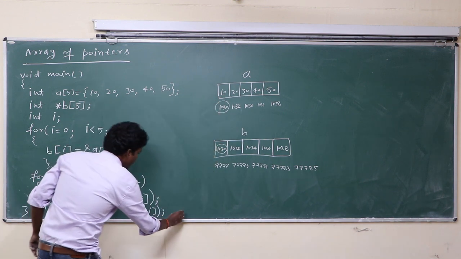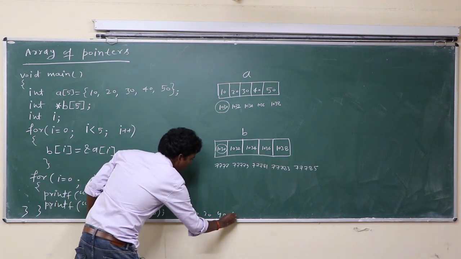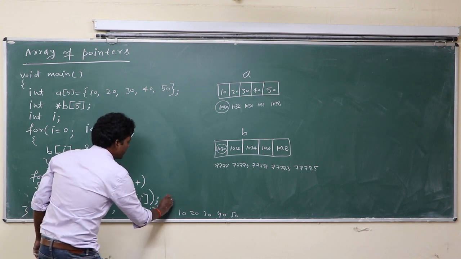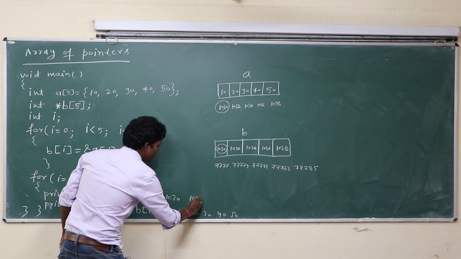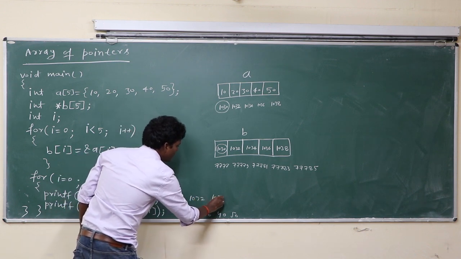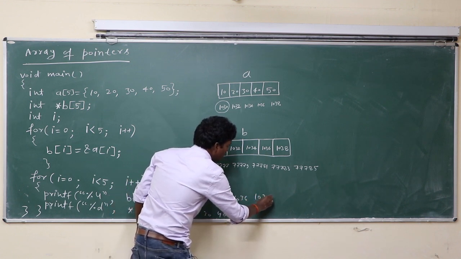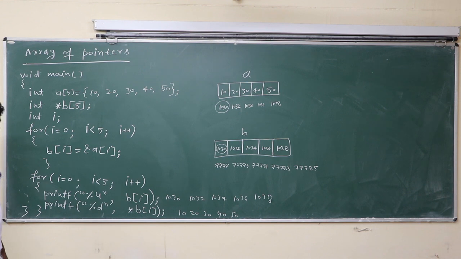So here 10, 20, 30, 40, 50 will be printed, and here 1030, 1032, 1034, 1036, 1038. So these are the outputs. Okay class, these are the outputs.